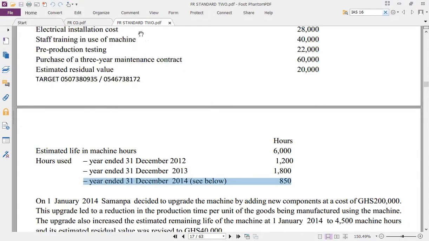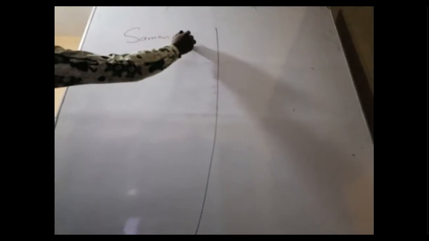So let's go straight to the solution. Don't forget that the main solution, the examiner asked for the financial statement. So you start like this. The examiner, that shall be prepared for who? Samantha Limited. Okay. So you have Samantha Limited here.